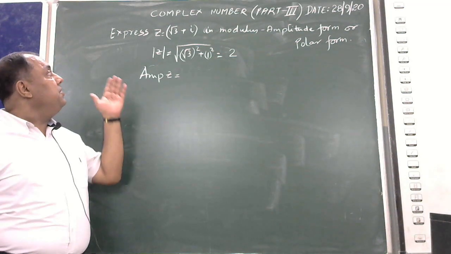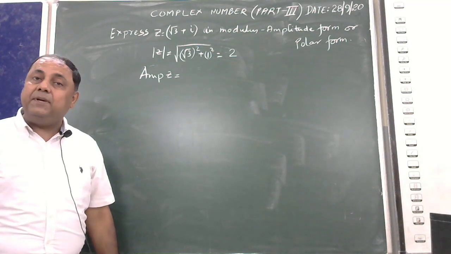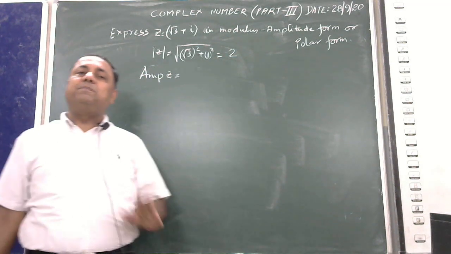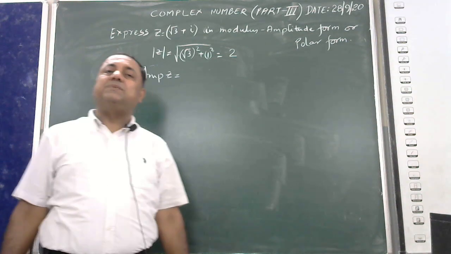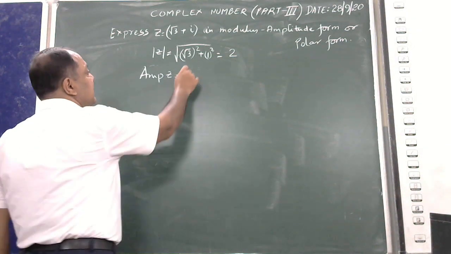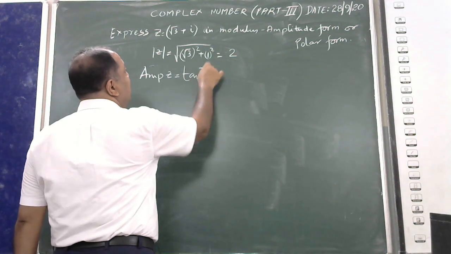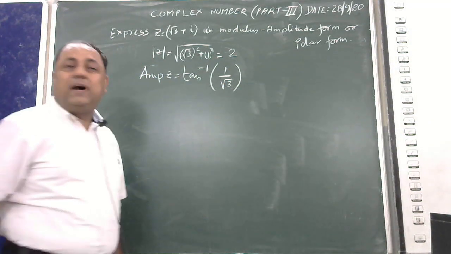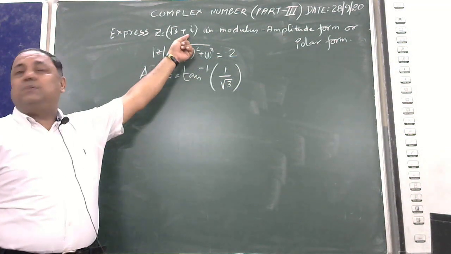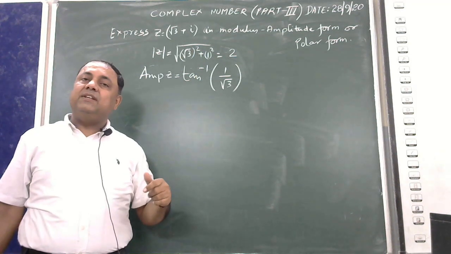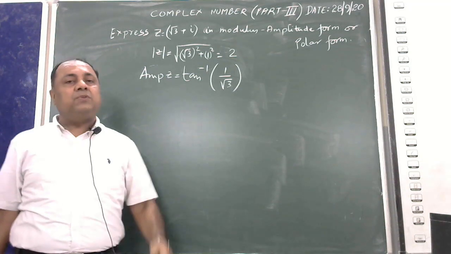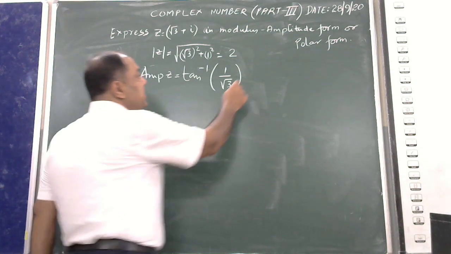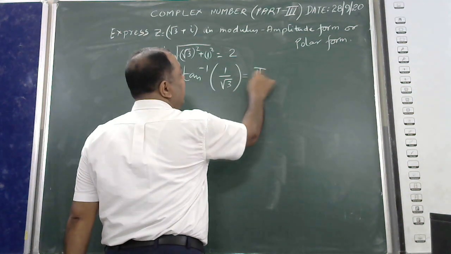If this is in the first quadrant, then amplitude z, recall from part 2 of complex numbers, is simply tan inverse y by x. That is tan inverse 1 by root 3. Y is 1 and x is root 3. So tan inverse 1 by root 3 is the amplitude of z, which is equal to pi by 6.